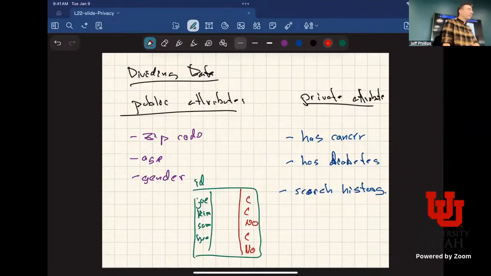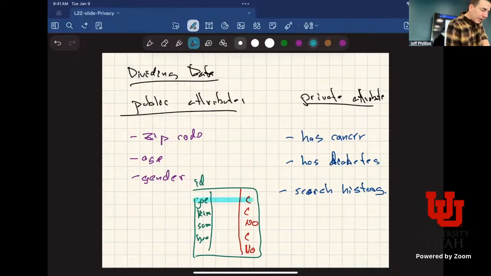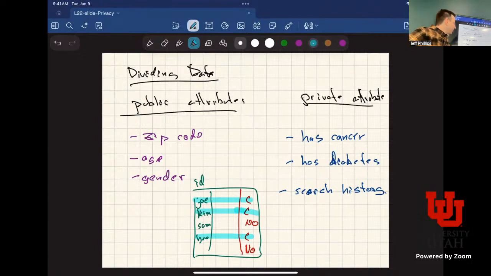The C's are people who have cancer, the no's are people who don't have cancer, and if I've released enough information so I know that these three people are all in the same group, the public information I've released has anonymized them. There are K people who all have the same rough information.